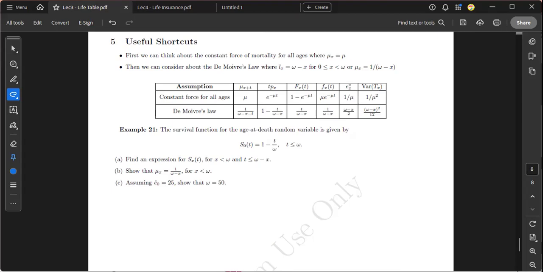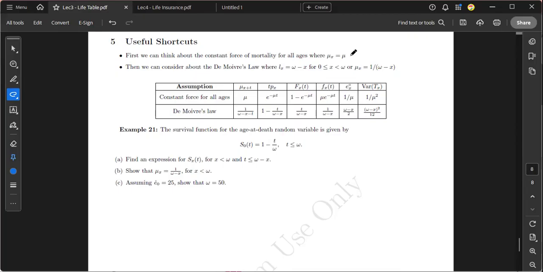Let's summarize what we have discussed during these chapters, where we mainly had two different examples: the constant force of mortality and the uniform distribution of death.